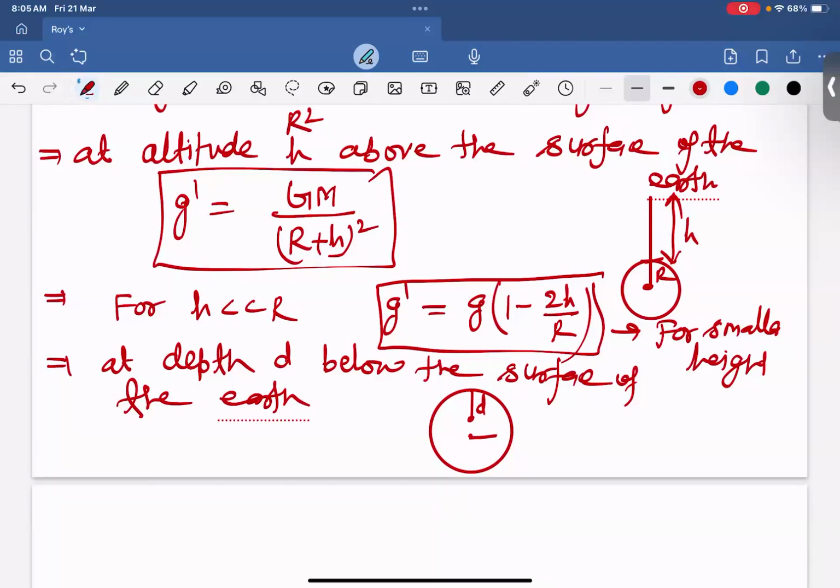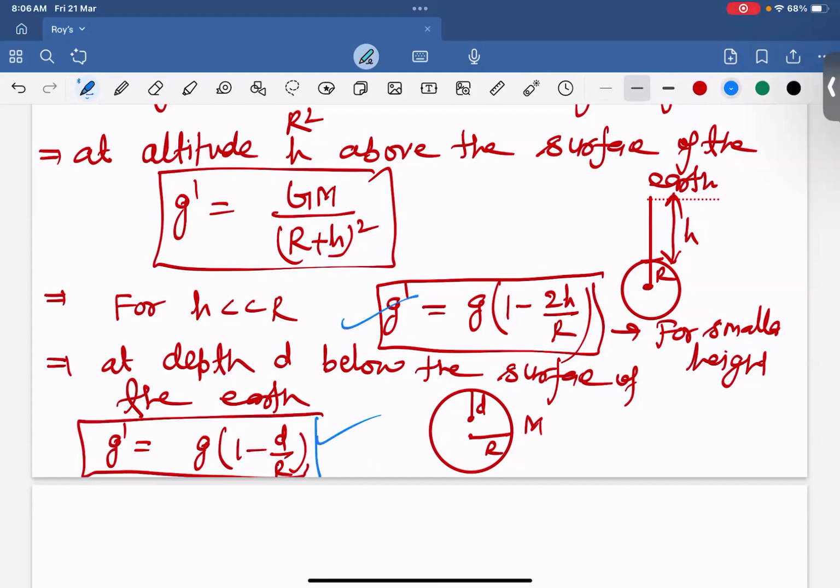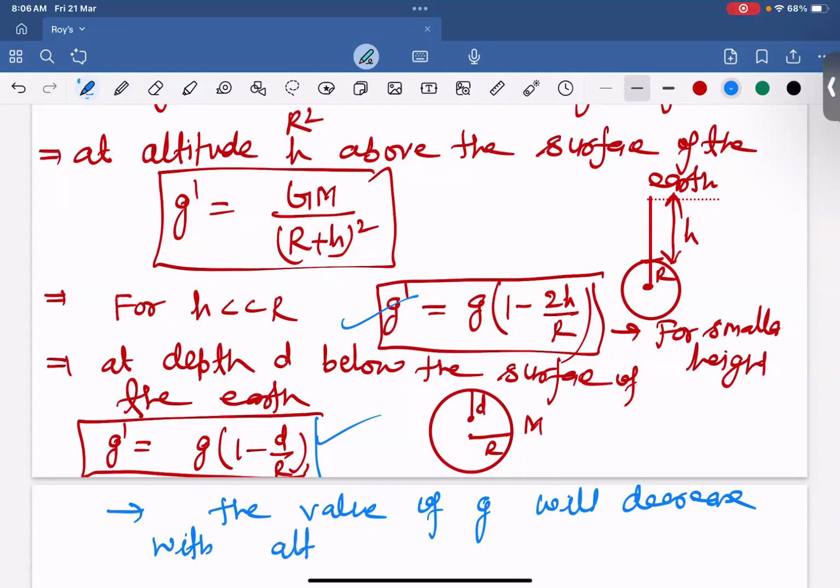The center is here, radius is R, the mass is M. Now for this we have only one formula: g dash is equal to g into 1 minus d by R. The minus sign indicates that the value of g will decrease with altitude also, with height also, and with depth also. Understood? Understood, sir.